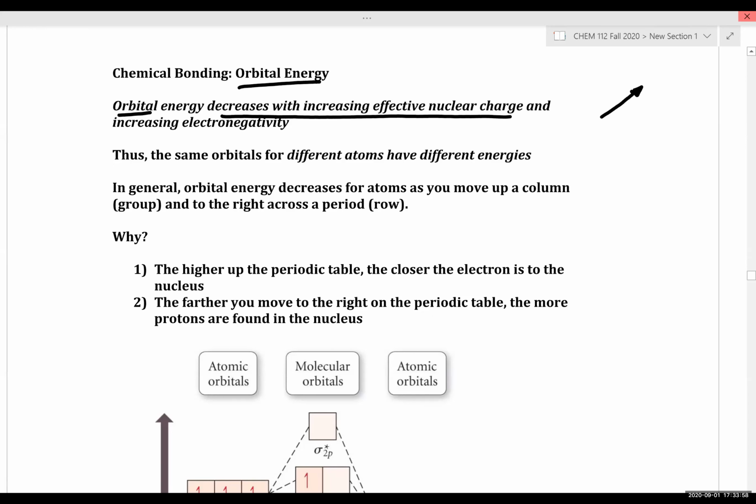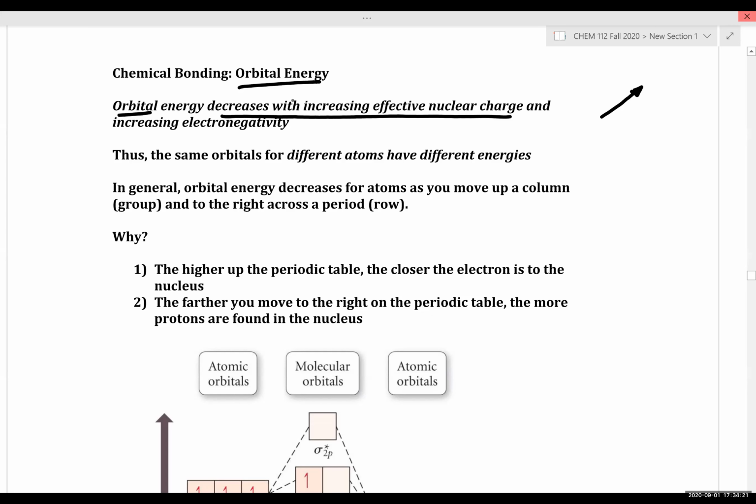So I draw my arrow up and to the right. Elements that are farther on the right and higher up on the periodic table have a greater effective nuclear charge. They're more readily able to stabilize an electron. And as a result, the orbital energy itself is lower.